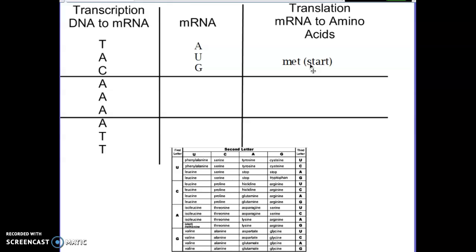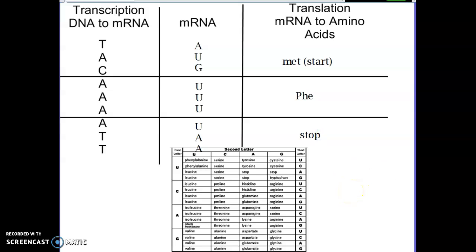So it'll be start if you see it at the beginning, it'll be methionine if you find it anywhere else in the chain. So AAA becomes UUU, which is my favorite amino acid, which shows you how nerdy I am. That's phenylalanine. And then ATT would pair with UAA, and UAA is one of our stop or termination codons.